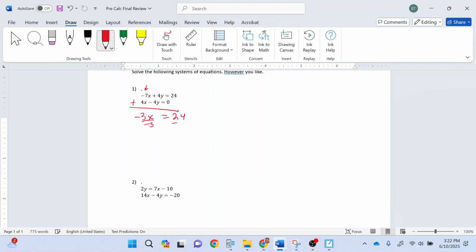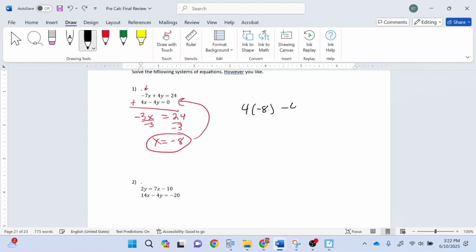So I'm going to divide negative 3 by negative 3. That's going to be x equals negative 8. So now I found that x equals negative 8. I take it and plug it into one of my original equations. Doesn't matter which one I plug in. I'll plug it into the bottom because it just looks like smaller numbers. So 4 times negative 8, my x becomes negative 8, minus 4y equals 0.